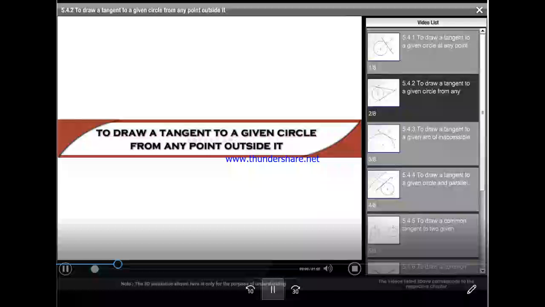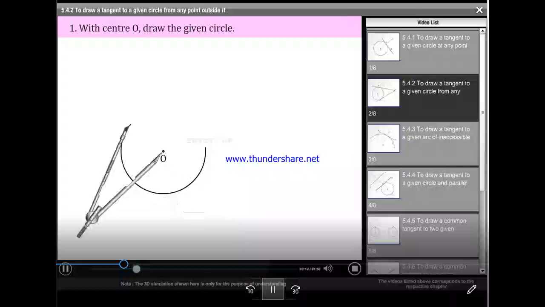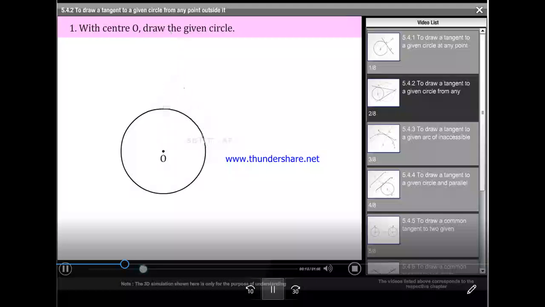To draw a tangent to a given circle from a point outside it. With center O, draw the given circle. Mark a point P outside it.